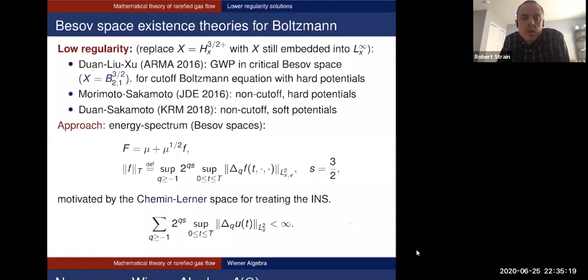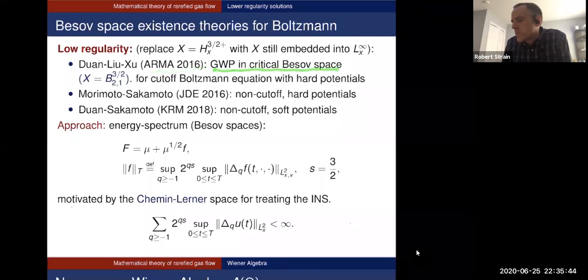So there have been Besov space existence theories for the Boltzmann equation without angular cutoff. The idea here is to replace H3 plus with a space X that's still embedded in L-infinity. You have this paper by Duan, Liu, and Zhu in ARMA 2016.